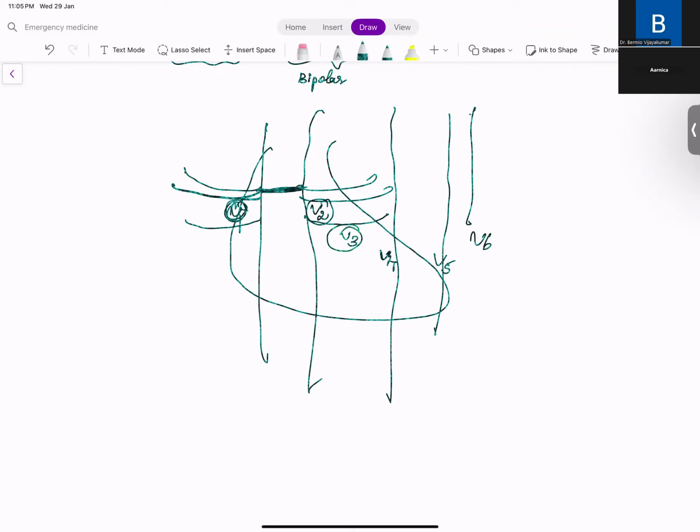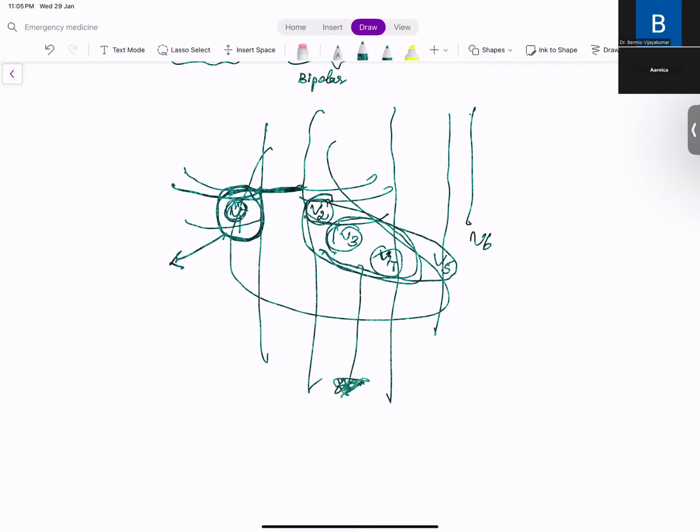So as you can see now, V1 is on the right side of the heart. So V1 changes correspond to the right wall of the heart, whereas V3, V4 and V5 are in the anterior wall. Mainly V3 and V4. V2, V3 and V4 are in the anterior part of the heart.